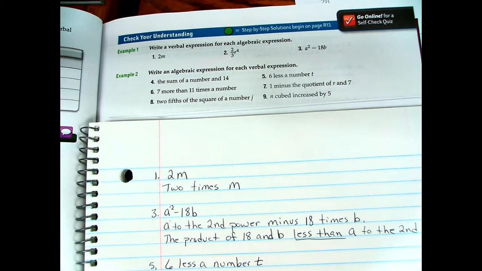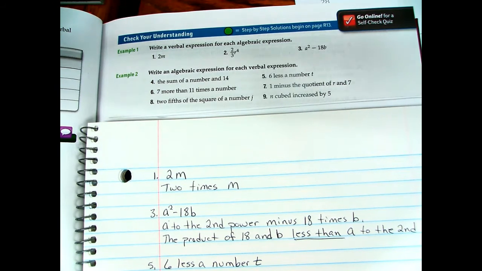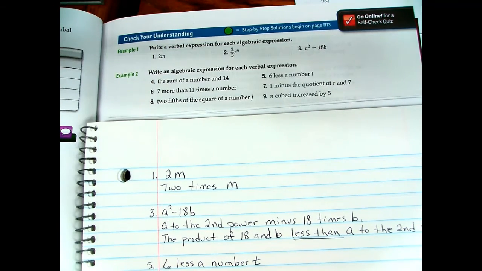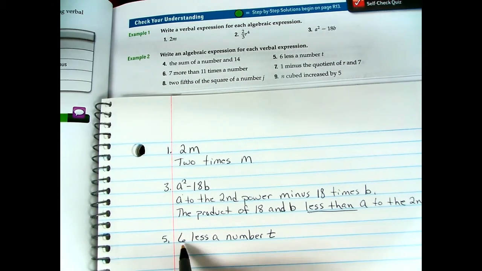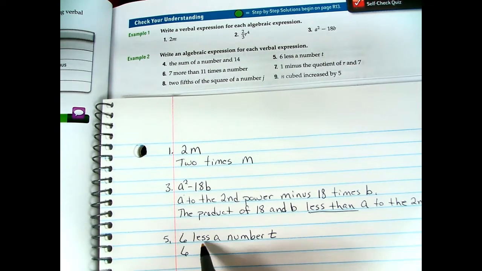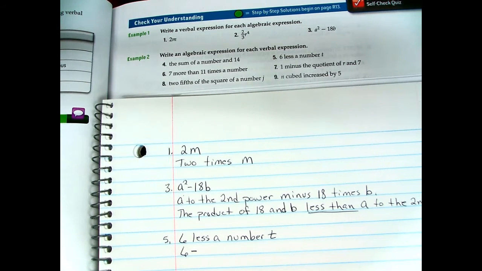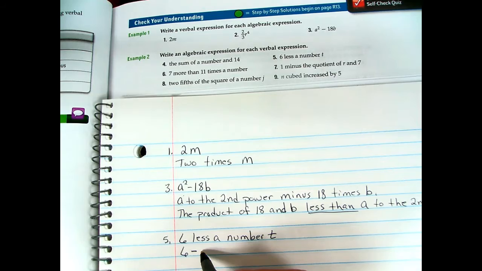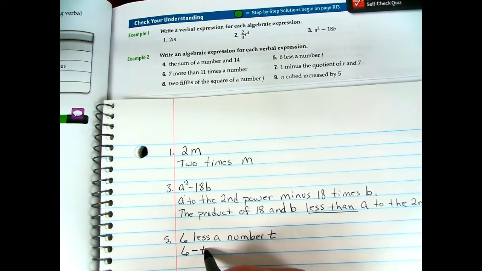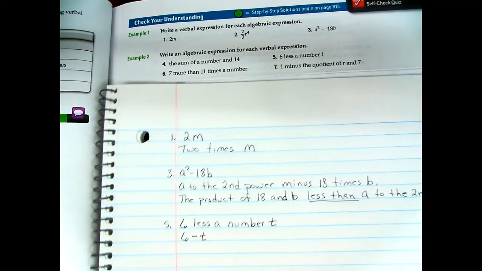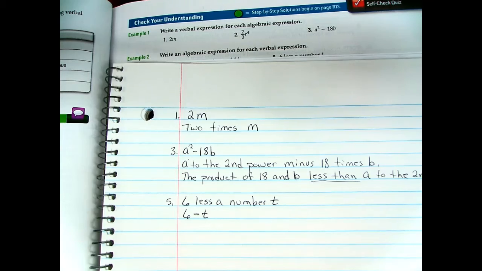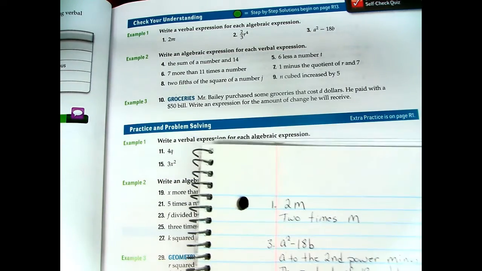That's slightly different than less than. In this case, we would be very literal in how we did it. It's 6 less. It's from the 6 that's being taken away this time, and we're taking away this number represented by t. There we go. 6 less a number t.